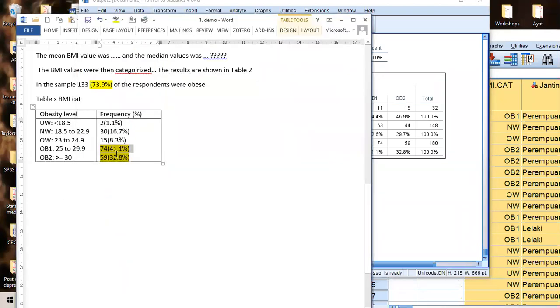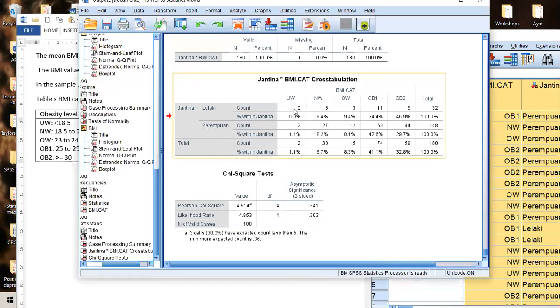Shall we collapse these two together? These are obese, right? Yes. That means you're going to say this is the obese group. This overweight, 15, okay. What about these two? Underweight and normal, shall I combine this into this? Yes. All right. Because the numbers are very small.